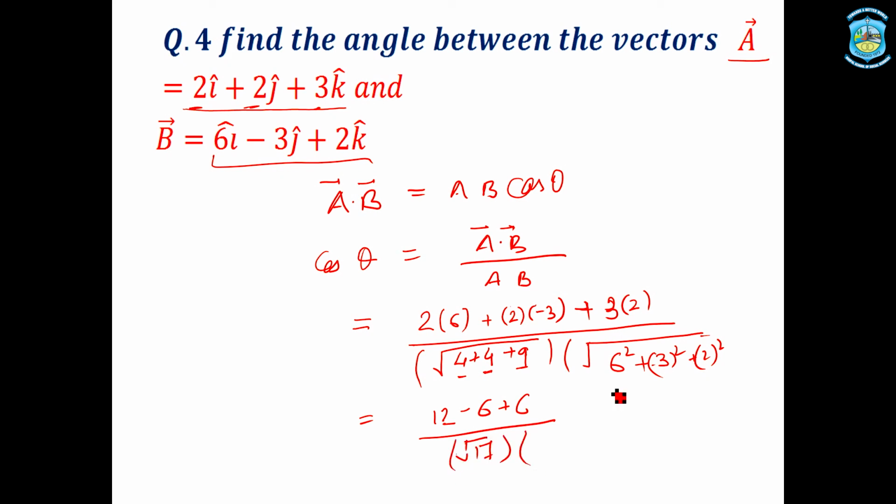And here we will have 36 plus 9, that is 45, plus 4, that is under root 49, that is 7, which further implies 12 upon 7 times under root 17. So this is the value of cos of theta. And from here theta will be cos inverse of this value. So this will be the answer to this problem.